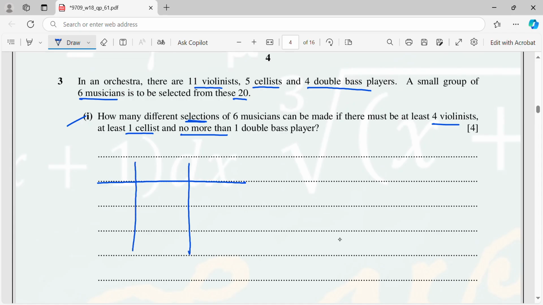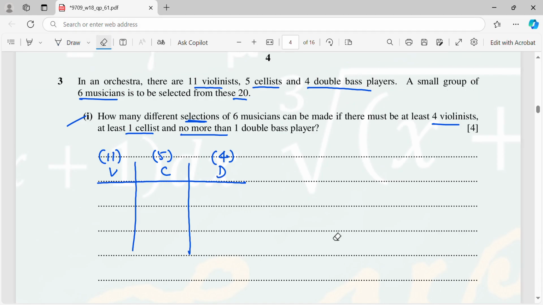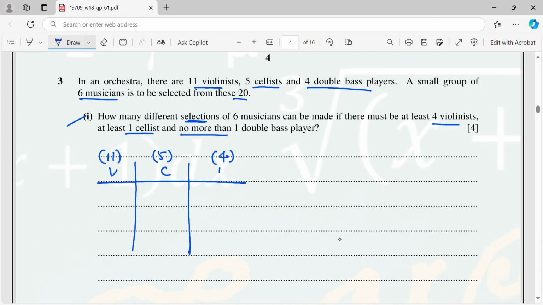So there are 11 violinists, 5 cellists, C, and then 4 double bass players, or B. B means double bass players. Now you need to choose 6.